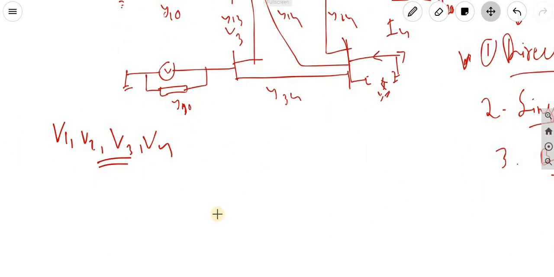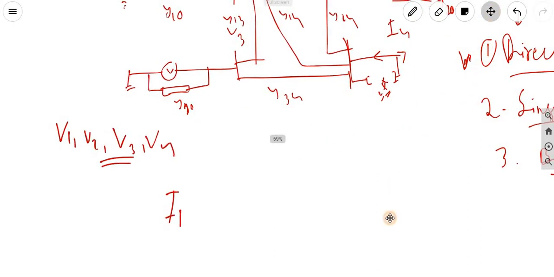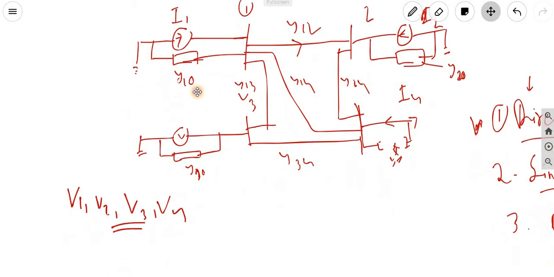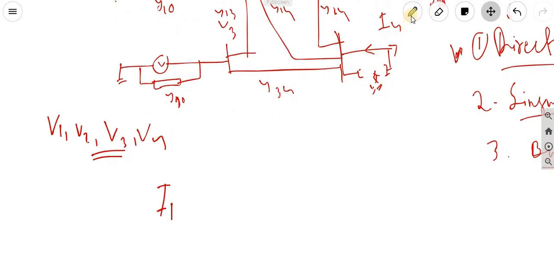So the bus injection current, if we take the injection current I1. Okay. Now, the current from this branch may flow in this way, but the current is injected in this way, so Y10.